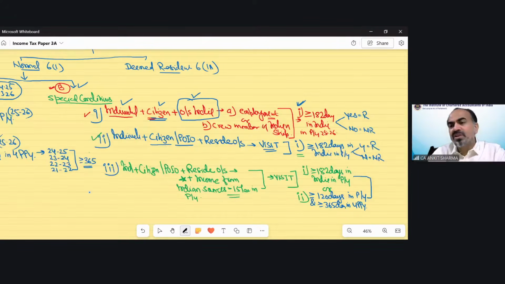If any of these conditions is fulfilled, resident; if no condition is fulfilled, non-resident.